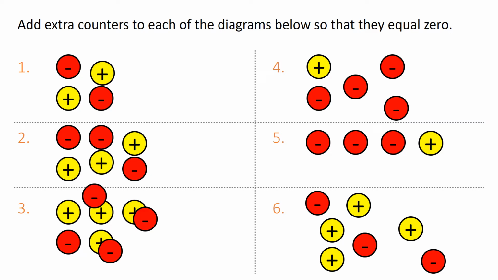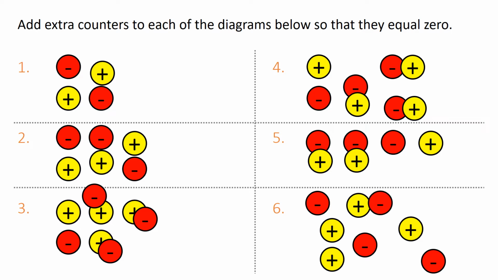In question 3, we would have to add 3 negatives. And the way I'm presenting and laying these out in the PowerPoint is essentially supporting pupils to pair up a positive and a negative. Question 4, we would need to add 3 positives. Question 5, we would need to add 2 positives. And in question 6, we would need to add 1 negative.